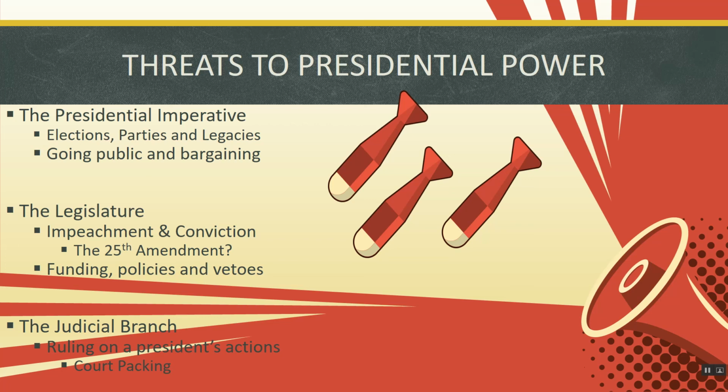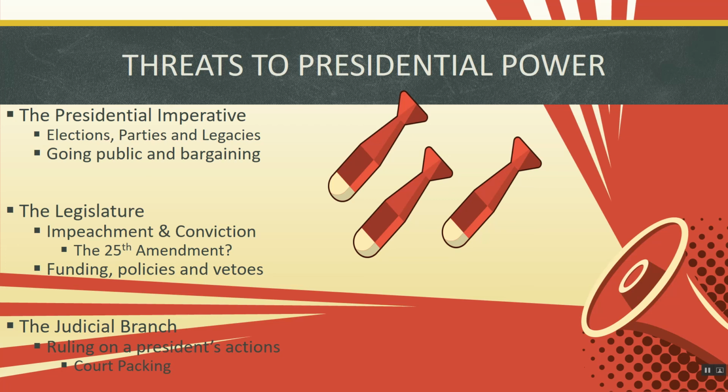It is also important to understand that while the powers of a president are subject to certain checks and balances, the likelihood that these will be utilized effectively depends on the presidential imperative, the popularity of that president. So, for instance, the legislature can check the powers of a president by first impeaching that president in the House by a simple majority vote, and then convicting that president in the Senate with a 2/3 majority vote in order to remove the president from office.